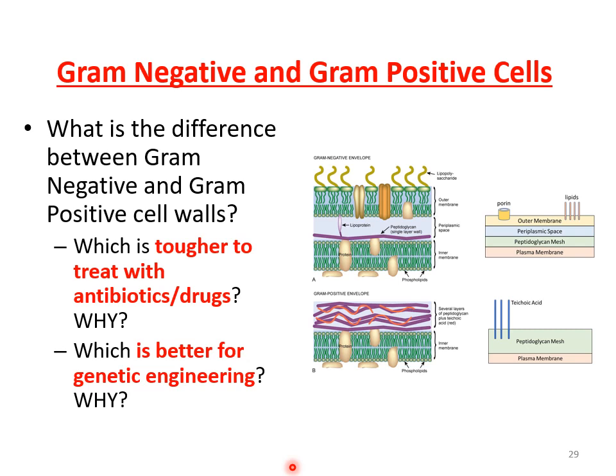So, when you look at gram negative and gram positive cells, I made these little diagrams on the right. When you look at the gram cells, they're basically differentiated based on differences in their cell wall. So they're called gram negative and gram positive based on how their cell wall is composed.